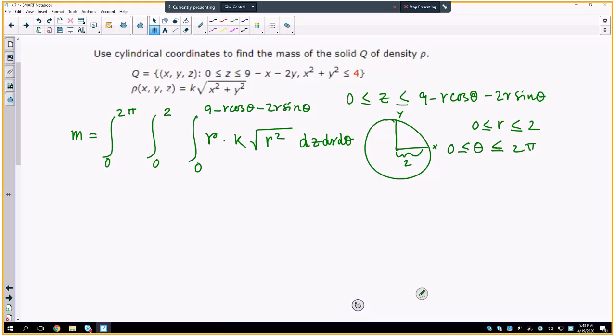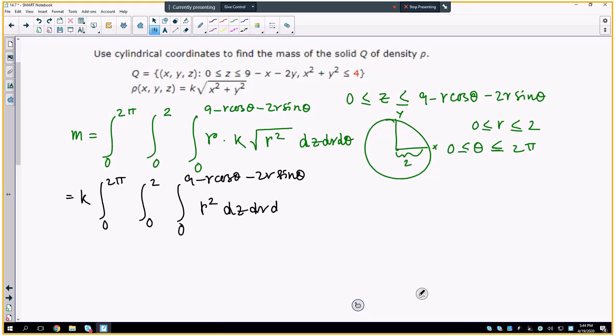So let's start working on this antiderivative. First and foremost, I will take this k out, and I will get the integral from 0 to 2 pi, 0 to 2. I will write one more step: 9 minus r cosine theta minus 2r sine theta, and this is r squared dz, dr, d theta.